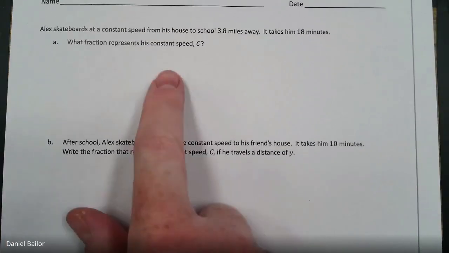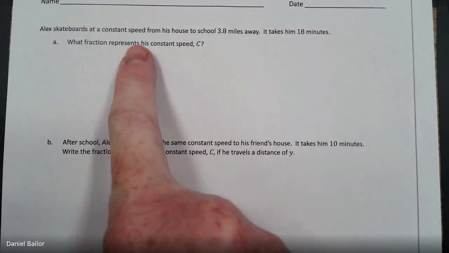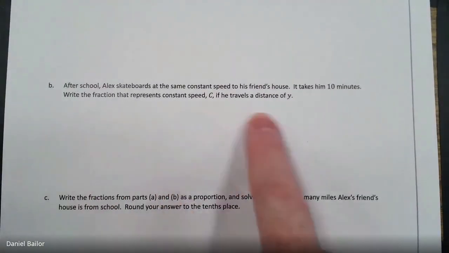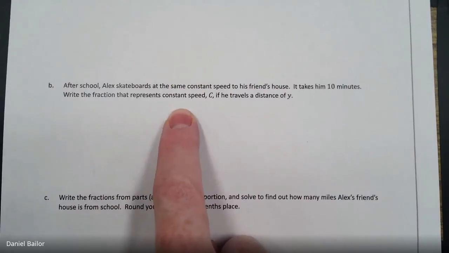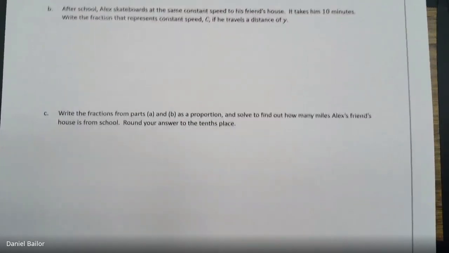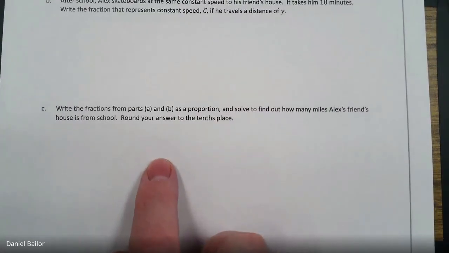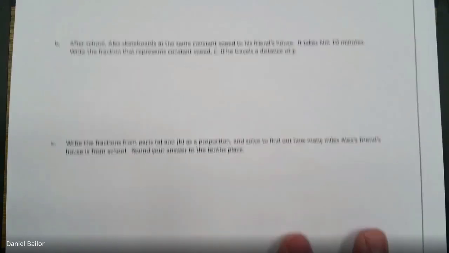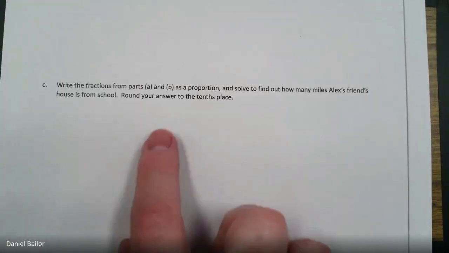Part A, you're going to write the fraction for Alex's speed. Part B, the speed and making a fraction for what you want to know. Part C, finding the answer. So A is the speed you know, B is the speed you want to know, and C is making a proportion to solve.